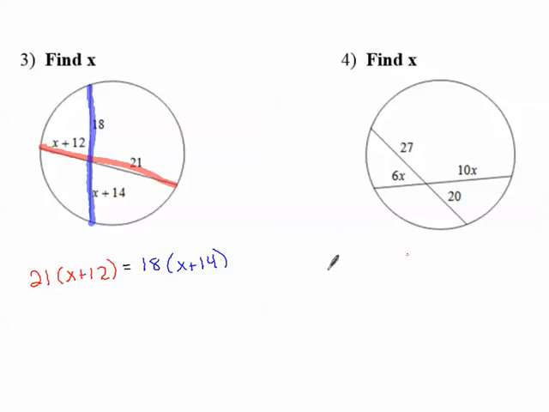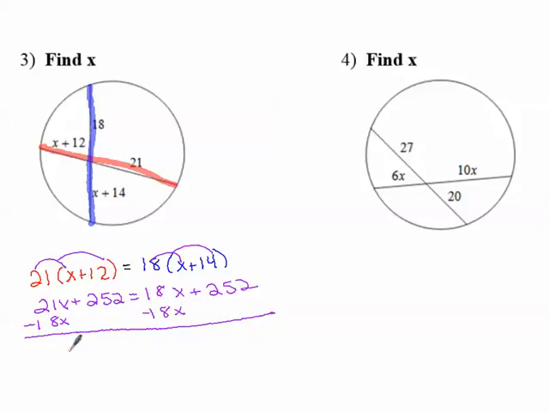So what I'm going to do next is use my distributive property to solve this, and I get 21x plus 252 equals, distributing on both sides this time, 18x plus 252. So I'm going to subtract 18x on both sides of my equation.